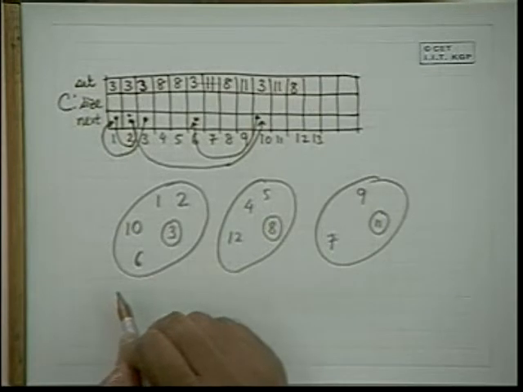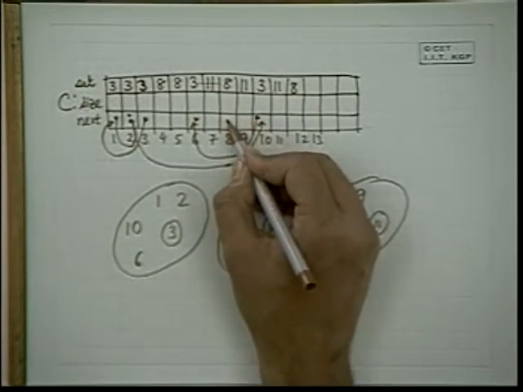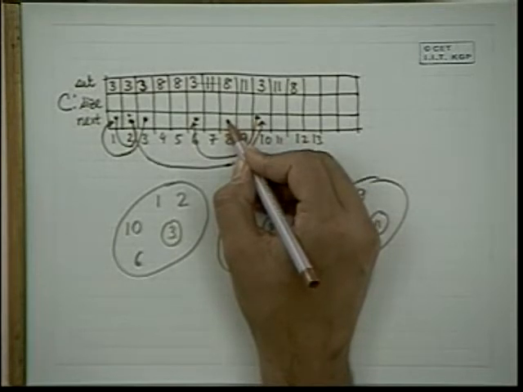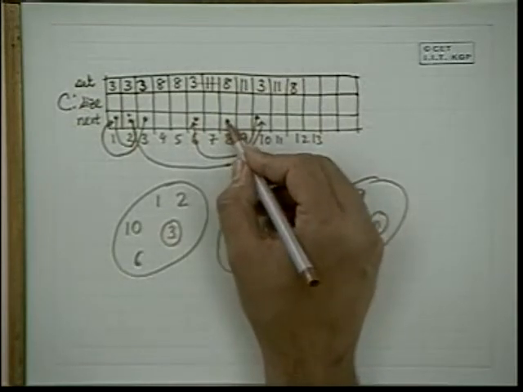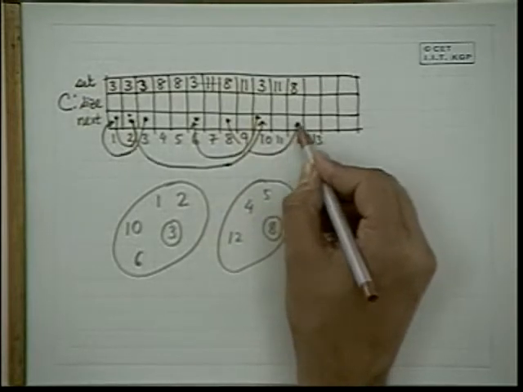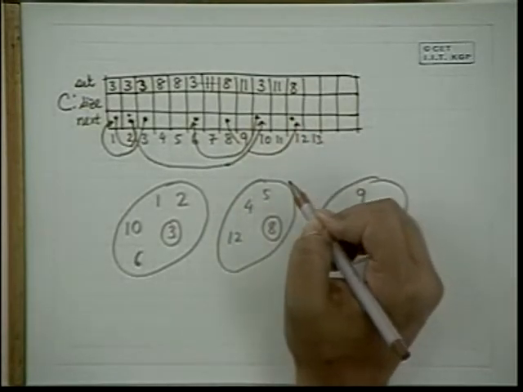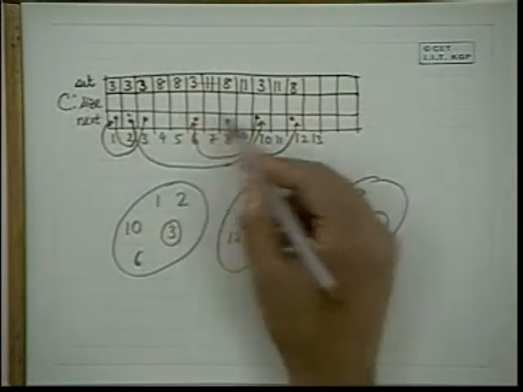So for the next one, it will start again from 8. So it will start from here. 8 will first point to, say, 12, and then from 12 we will go to, say, 5.